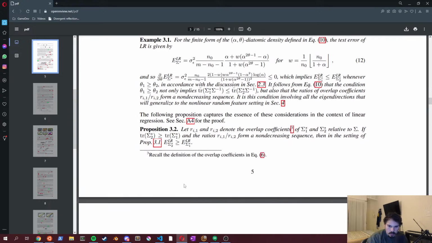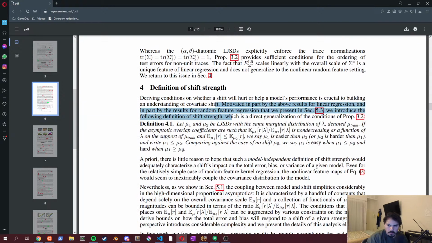3.2 was this thing about linear regression. Let mu1 and mu2 be the LJSDs with the same marginal distribution of lambda, and denote the asymptotic by mu train.